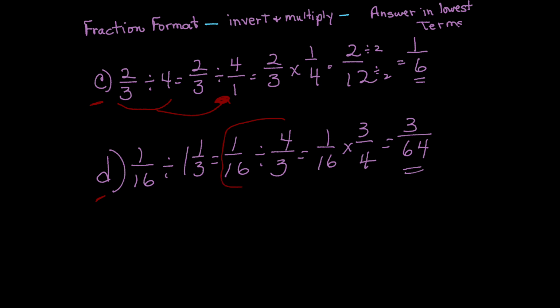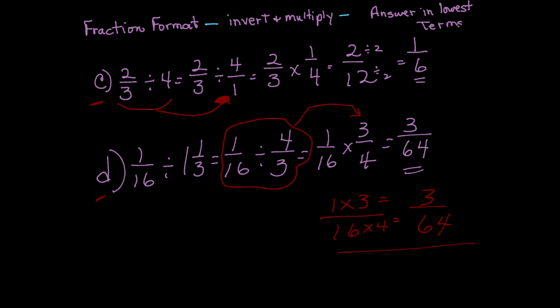So look at this, see? That's basically what it is. And then you inverted this. And then you multiplied 1 times 3 and 16 times 4. See? So that is the tricky part.